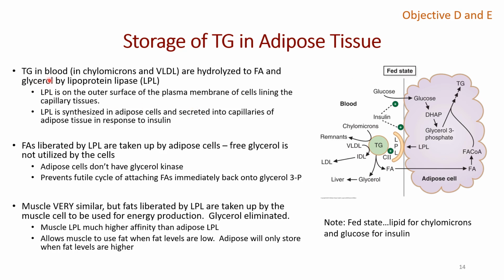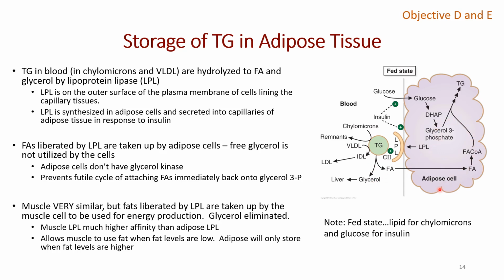If you have triglyceride in the blood, that triglyceride, because it's hydrophobic, can't be free in the blood, but rather that triglyceride is found primarily in chylomicrons, which are made by the gut, or VLDL particles, which are made by the liver. And that VLDL particle, or chylomicron, is going to bind to an enzyme called the lipoprotein lipase. The lipoprotein lipase will grab these particles, and it will start to process the triglycerides and make them into free fatty acids.